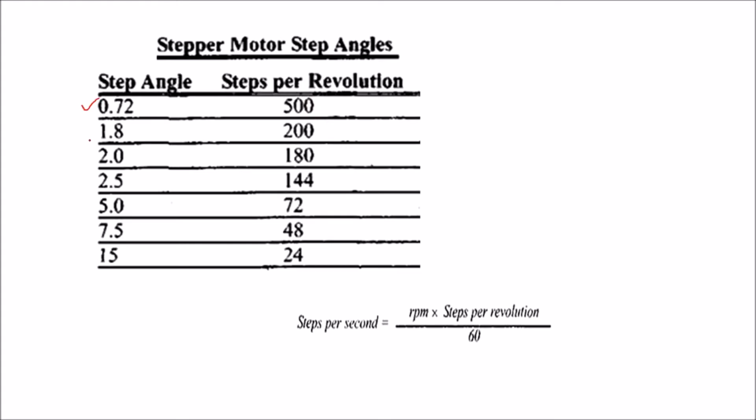If the motor is of 1.8 degrees, which is generally used, it needs 200 steps to complete one revolution. So like that, different motors are available. Steps per second we can compute using RPM multiplied by steps per revolution divided by 60.